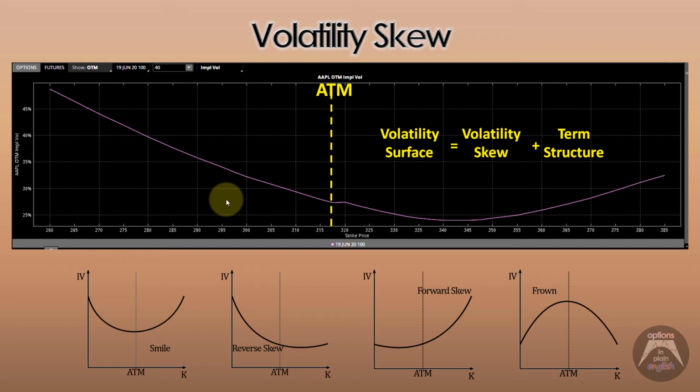Traders that are heavily involved in trading implied volatility analyze this volatility surface, its shape, and how it shifts and changes shape over time. This is just so you know that it exists. At this point, we're only talking about volatility skew. Later on, we're going to talk about term structure in a different lesson.